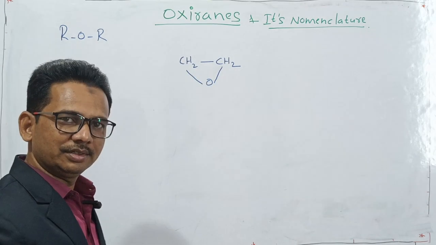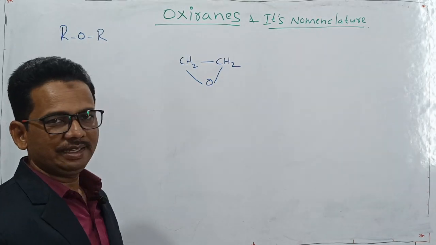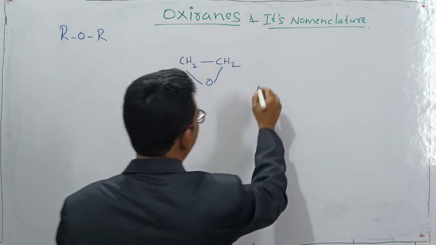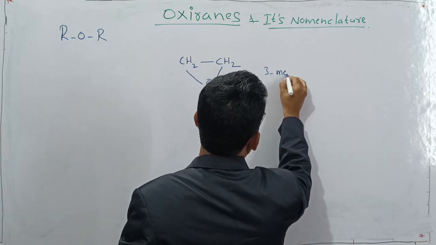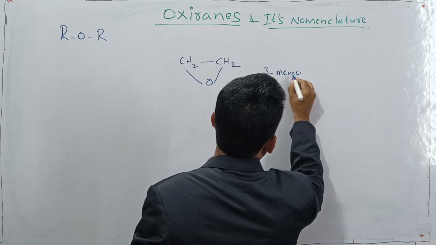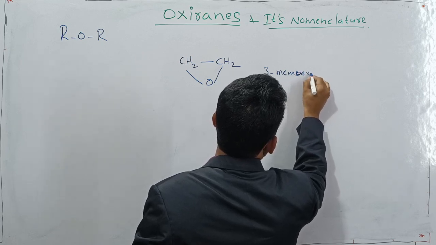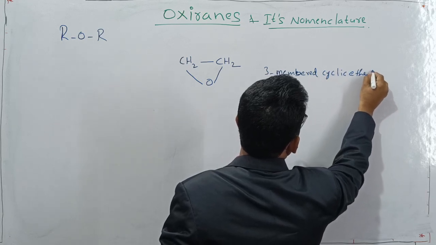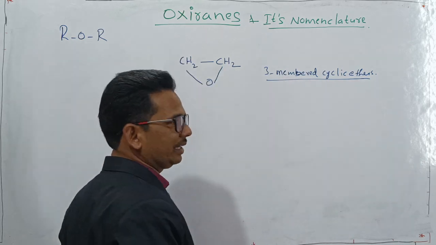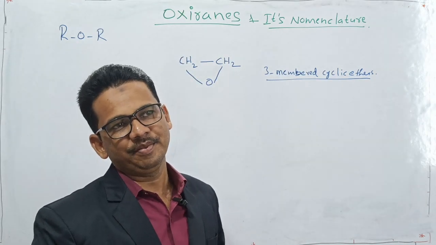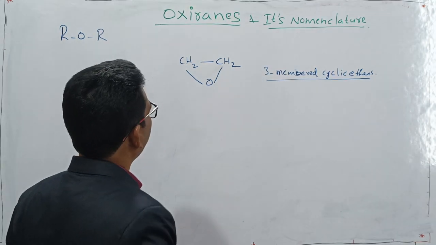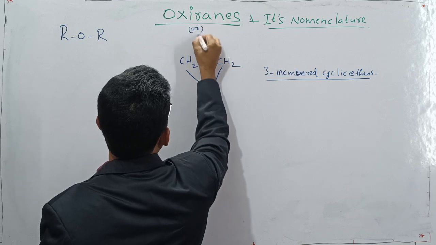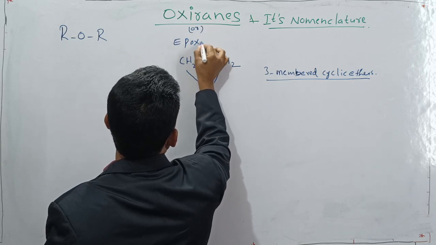It is in the form of cyclic ethers. So oxiranes are the three-membered cyclic ethers. They are also called epoxides. What we are calling oxiranes, the other name is epoxides.